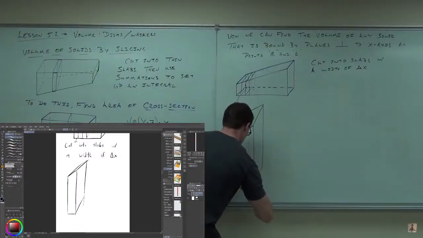Pretty close. Do you see what I'm trying to get across to you? Oh, this is going to be difficult. Not too bad. So I've taken one of these slabs right here and I've made it just bigger so you can see a better picture.